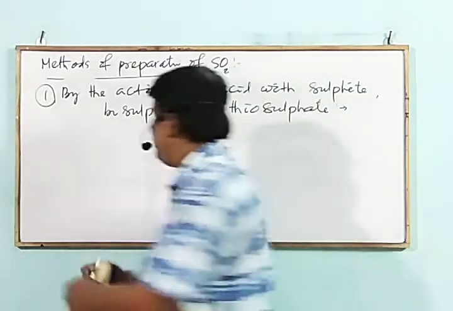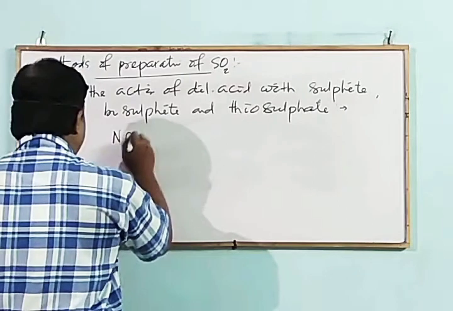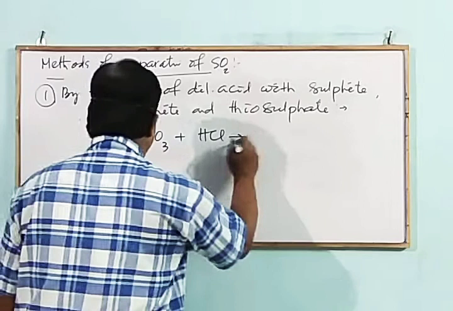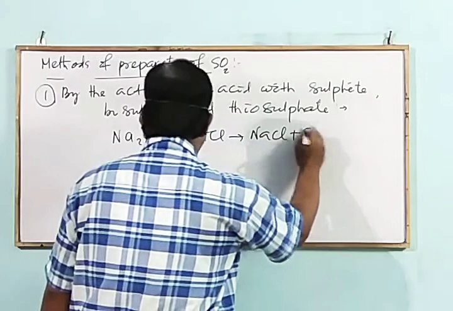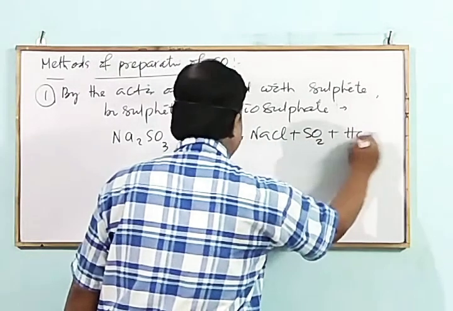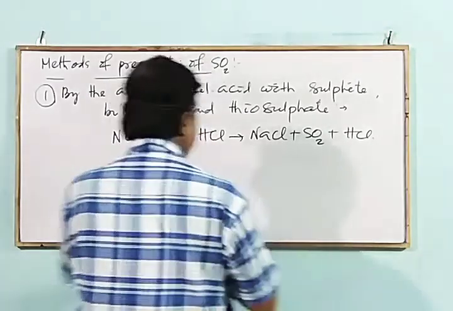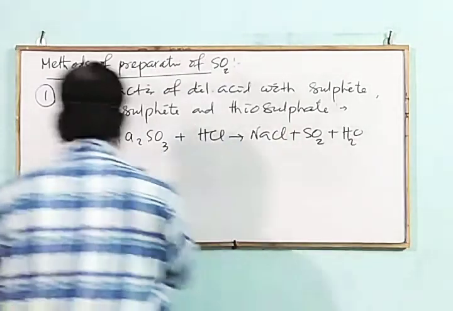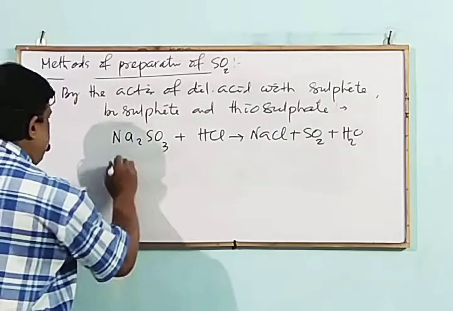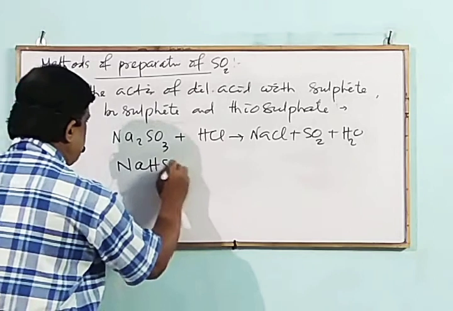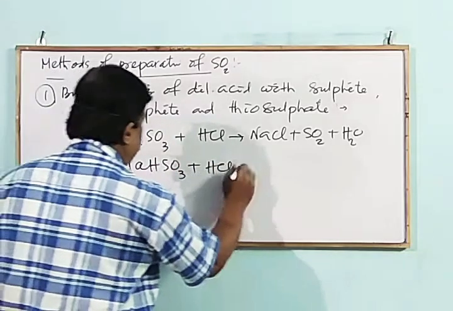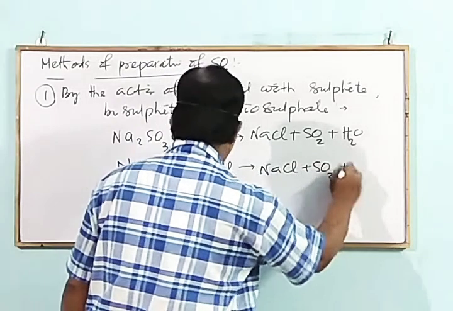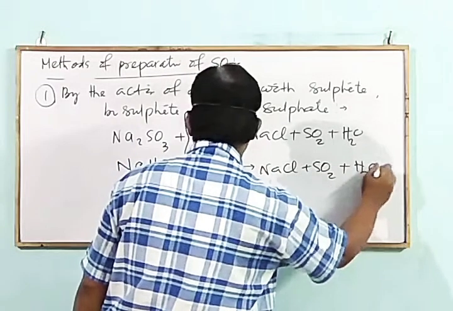Mark the equation. Na2SO3 plus 2HCl give rise to 2NaCl plus SO2 plus H2O. Next, sodium bisulfite NaHSO3 plus HCl give rise to NaCl plus SO2 plus H2O.